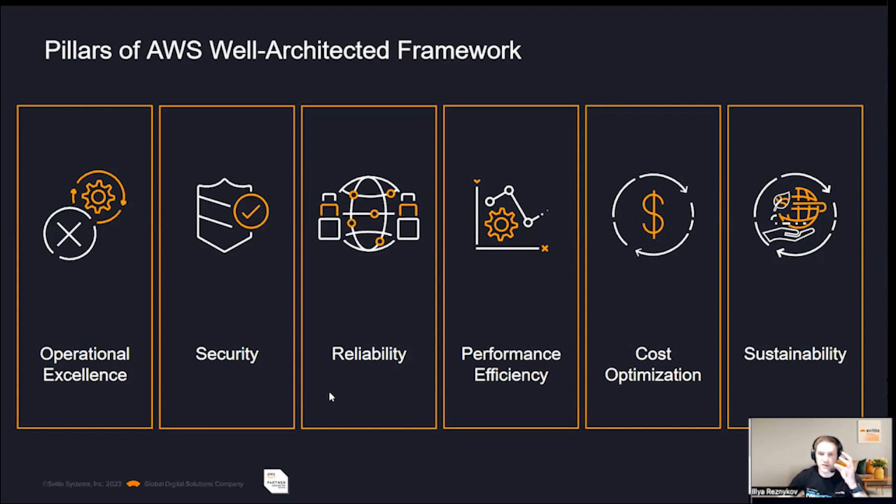But we should understand that, on the one hand, using pillars means that we need to focus on particular aspects of our workload. On the other hand, each workload should have some trade-offs between pillars. For example, we may use a lot of different security services and harden our workload and infrastructure as much as possible. But obviously these services will cost something.